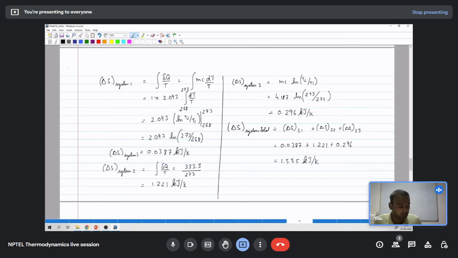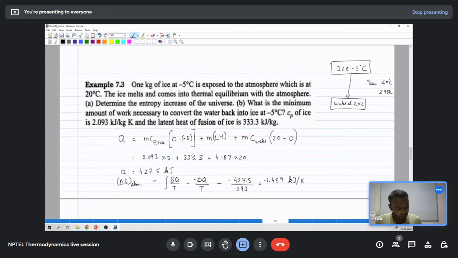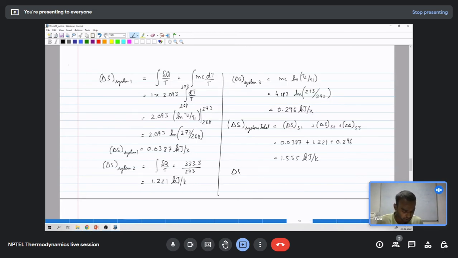So now we have calculated the entropy increase of the system for the entire process, and we have earlier calculated the entropy increase of the atmosphere, which is minus 1.459. So now we can calculate the entropy increase of the universe, which is entropy increase of atmosphere plus entropy increase of system.